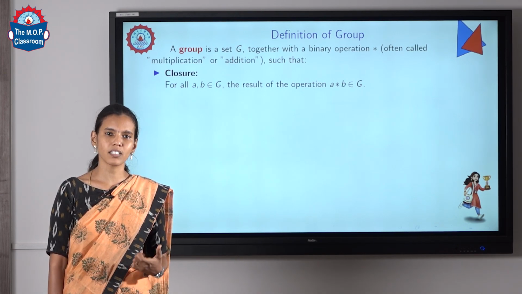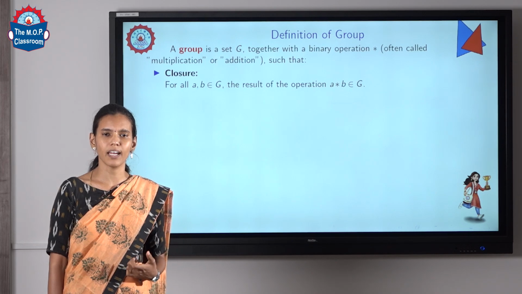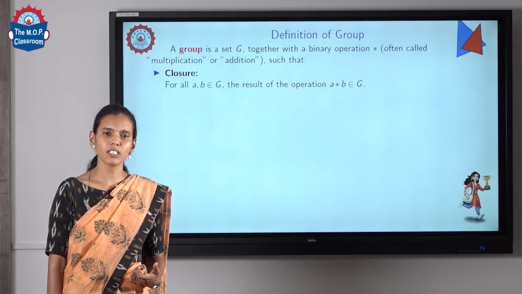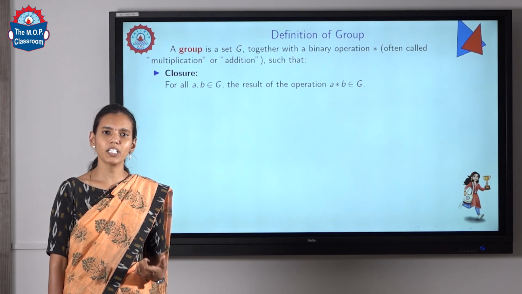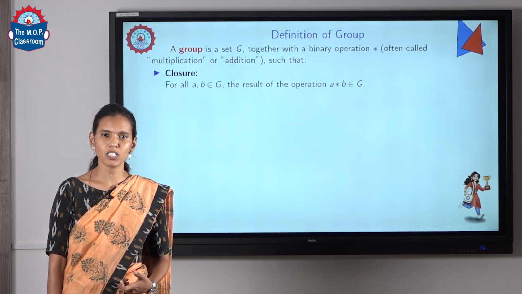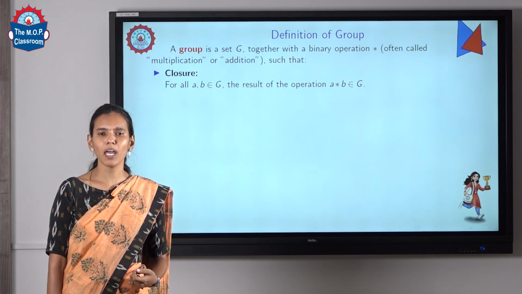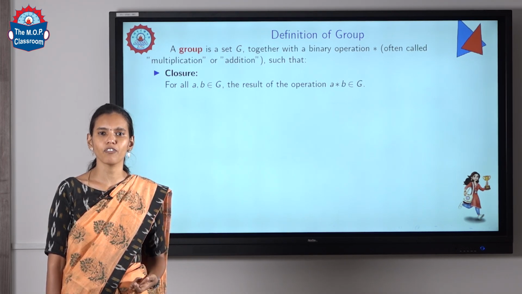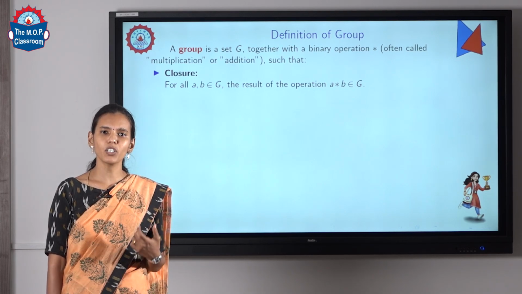But we majorly consider only two binary operations, that is addition and multiplication. Why? Because subtraction can be represented in the form of an addition. If it is A minus B, I can represent that as A plus of minus B. If it is division, A by B, it can be represented in the form of a multiplication, that is A into B inverse.